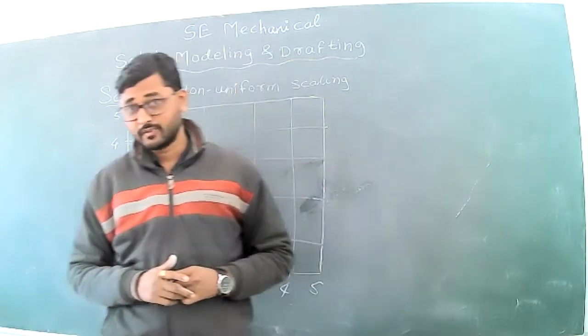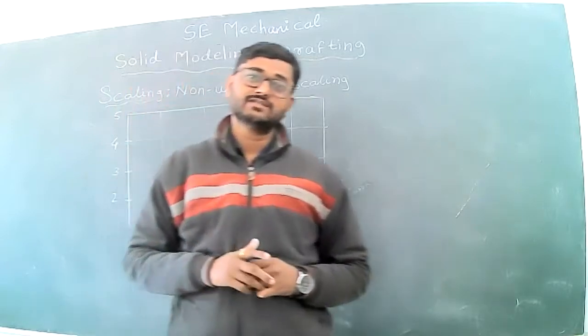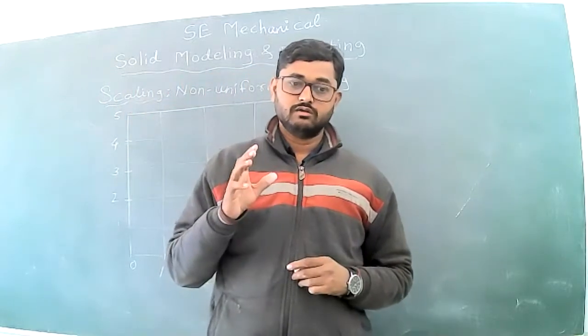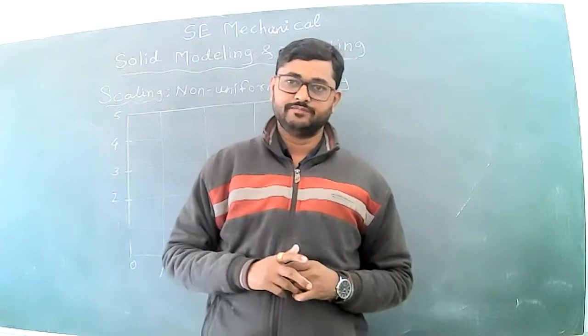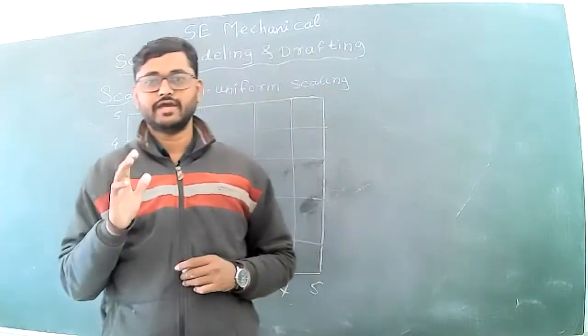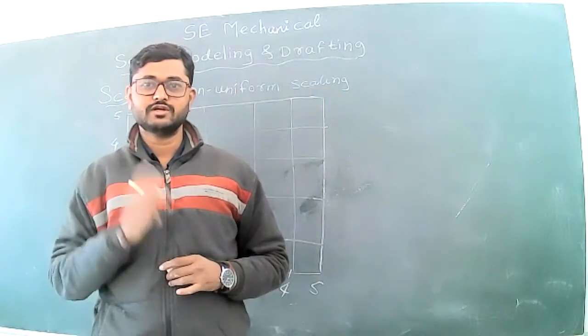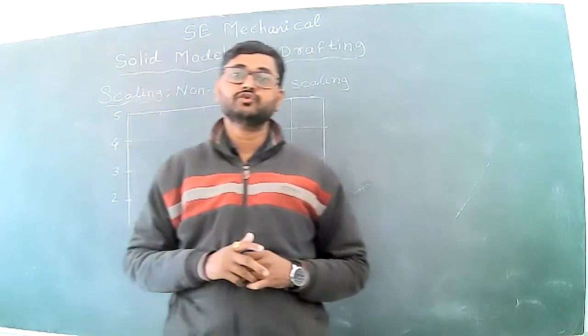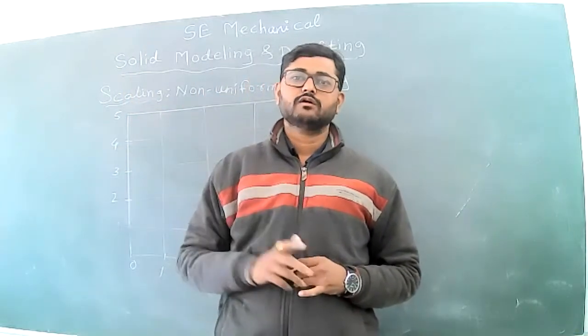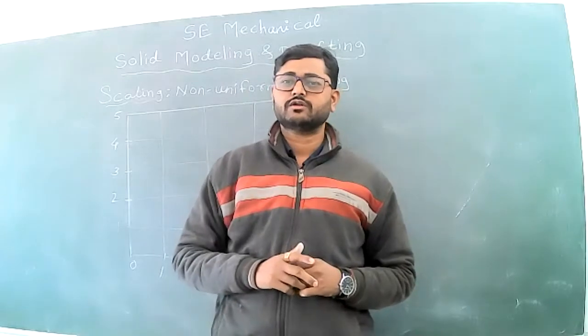So, what is uniform scaling? Uniform scaling is nothing but the object size is equal in both x and y direction above z axis. That is called as uniform scaling. And non-uniform scaling means what?